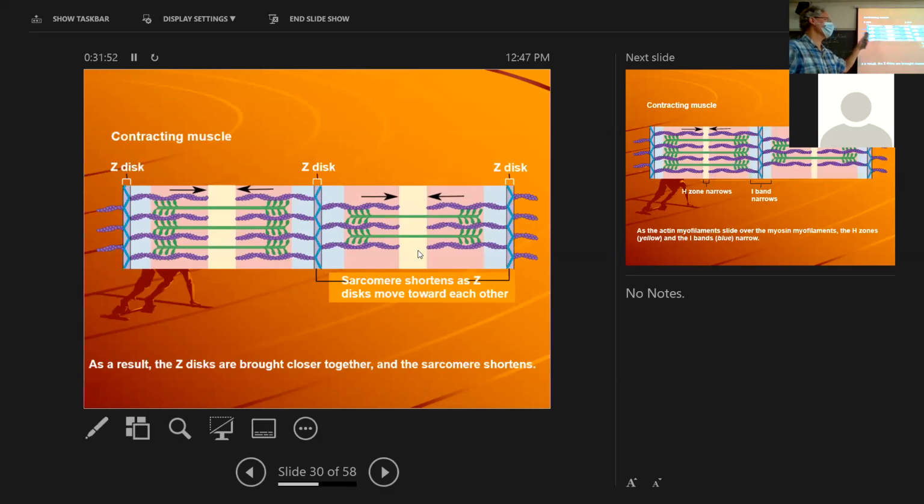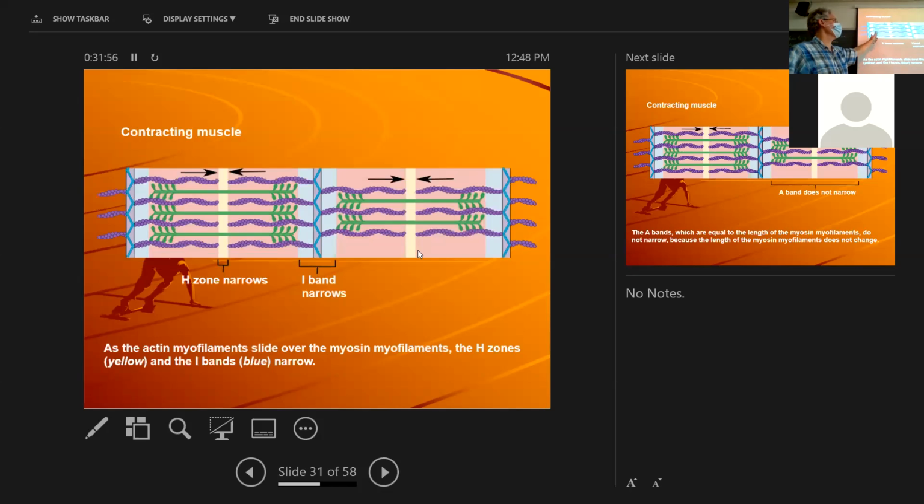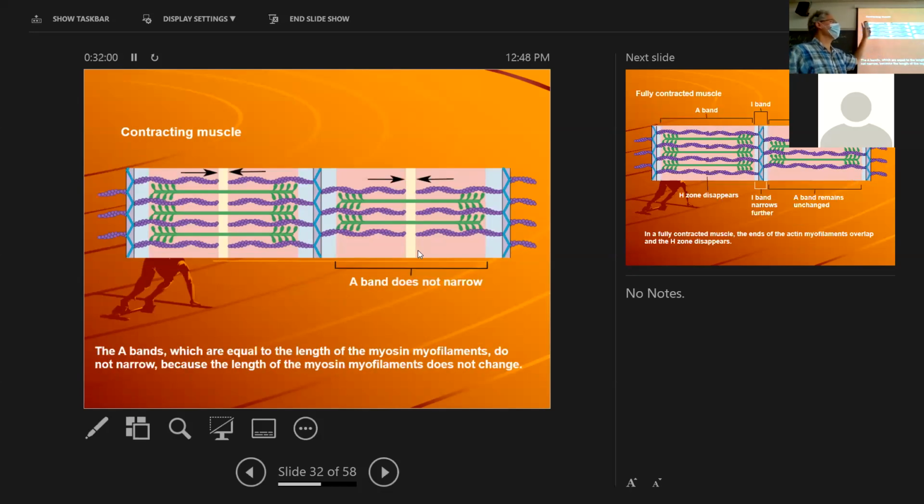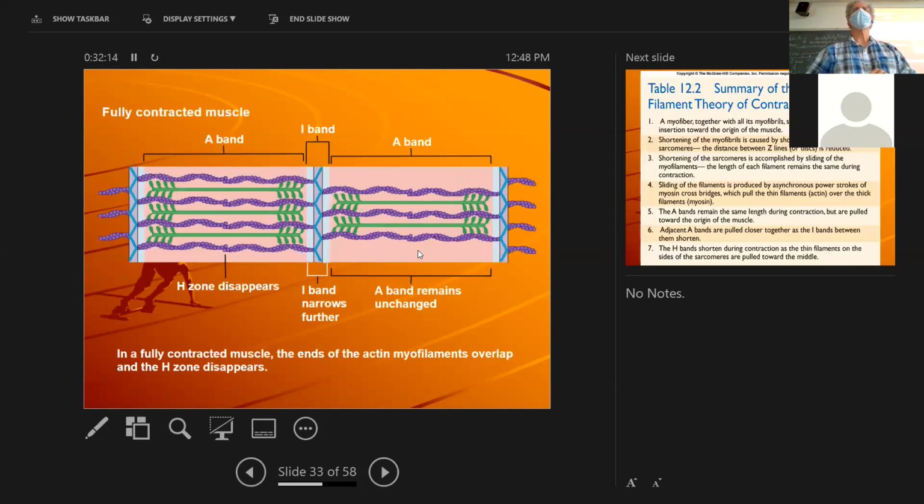They get closer and closer together. That I band gets smaller and smaller. H zone gets smaller and smaller. The A band, however, does not narrow, because what's the A band? The thick filaments. Thick filaments aren't moving. They're causing the thin filaments to move. And then at full contraction, there's no high anymore. The muscle no longer says hi.